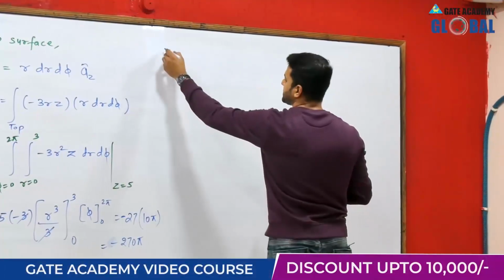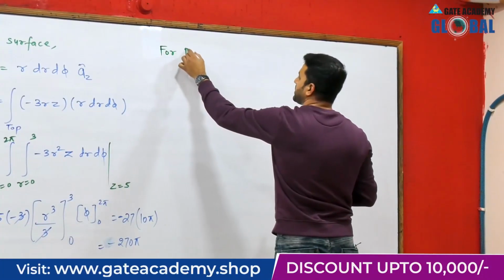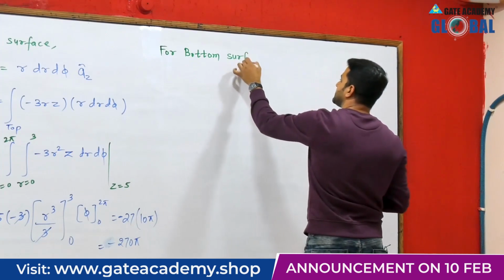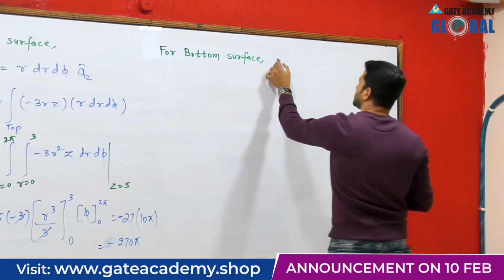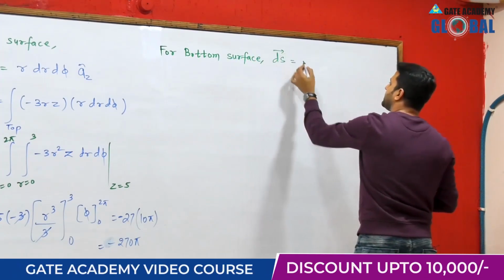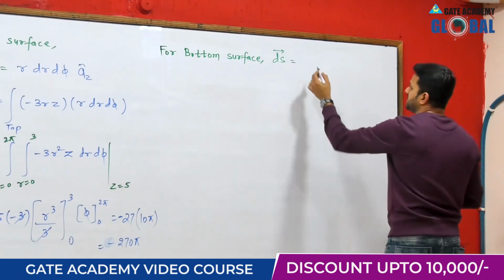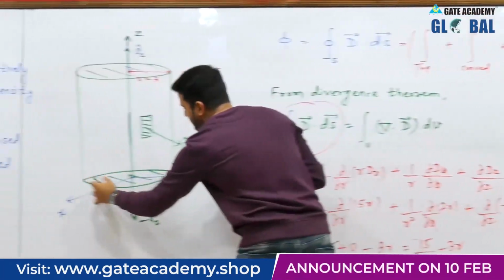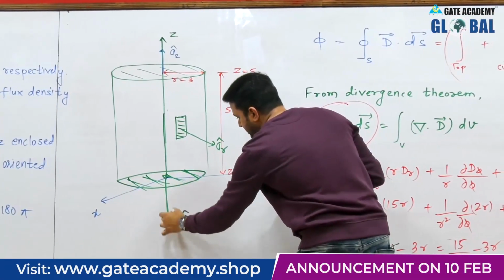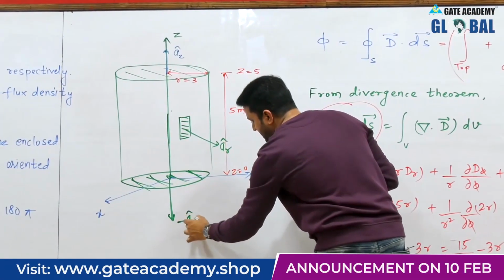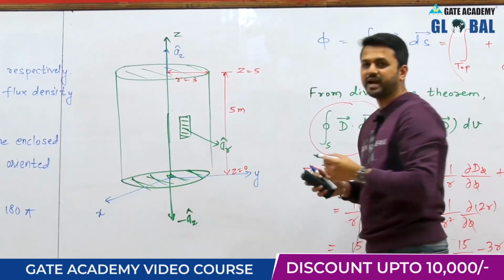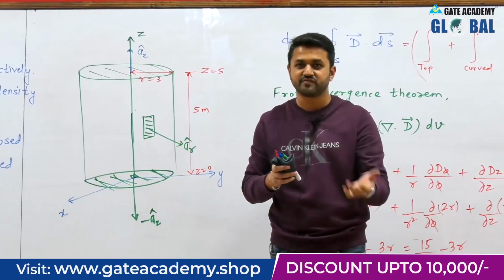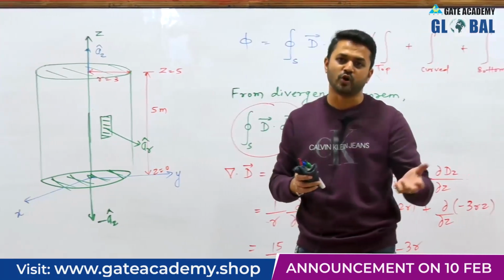Next is for the bottom surface. For the bottom surface, this is the direction of the differential surface. Okay, so this is the dS, and the direction of the differential surface for the bottom surface is minus az, because the direction of the differential surface is normal to the surface and also from the inside to outside.